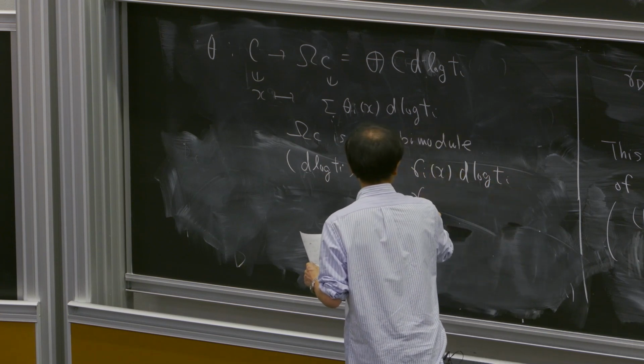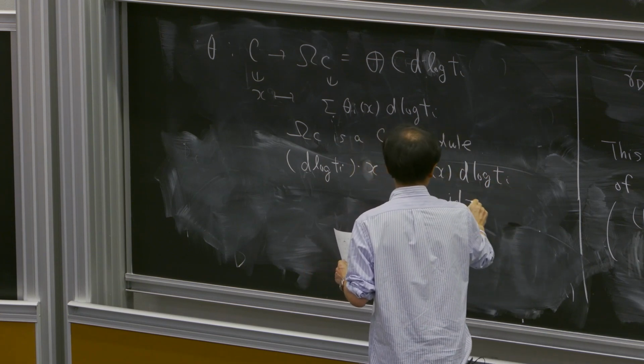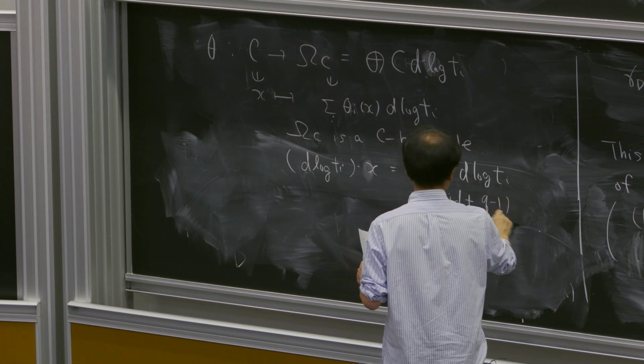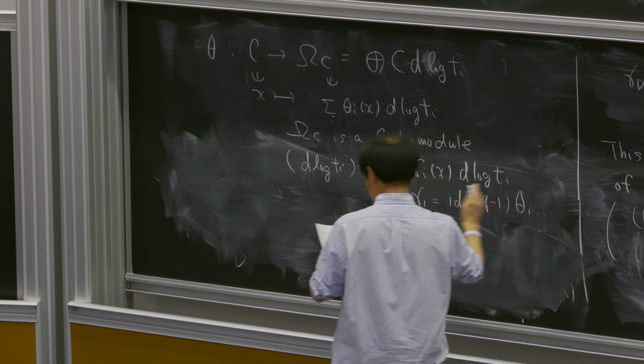And gamma I is identity plus q minus 1 times theta I.